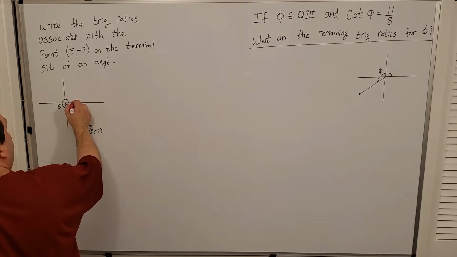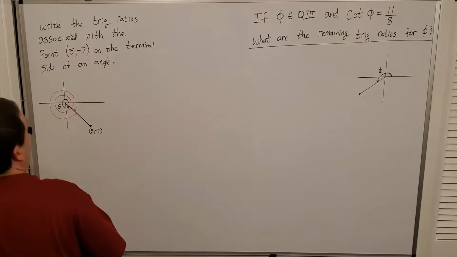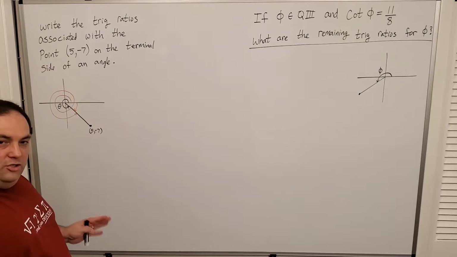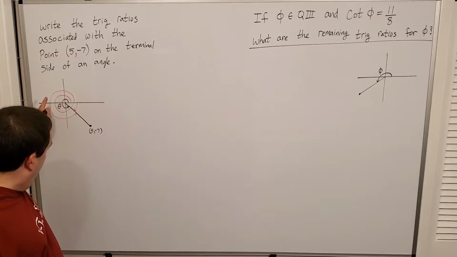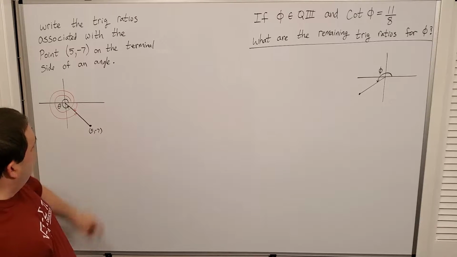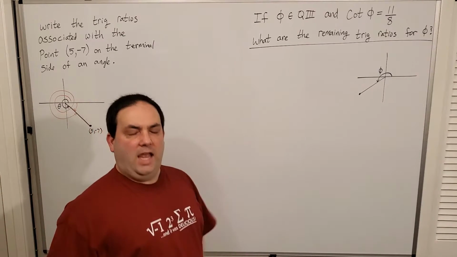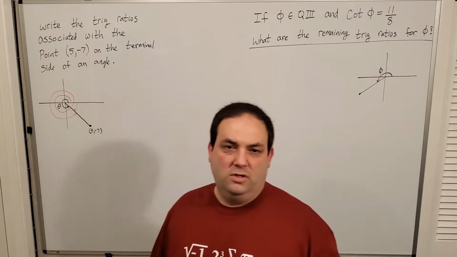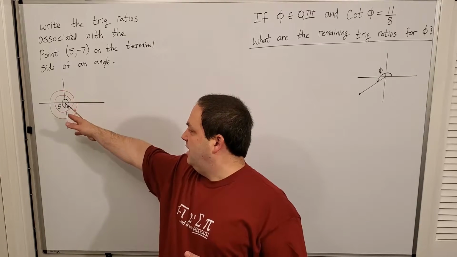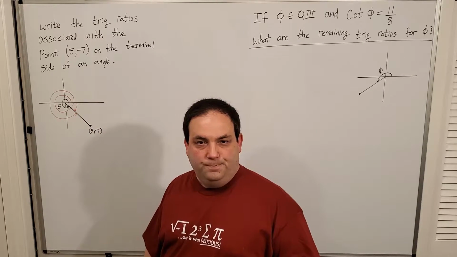I could land by going around one time and then ending up on that side. Whatever way you can imagine, as long as your angle lands on this side, then the point (5, -7) can dictate all of the ratios of whatever angle that is. I'm just using the theta the way it's drawn there as a standard.